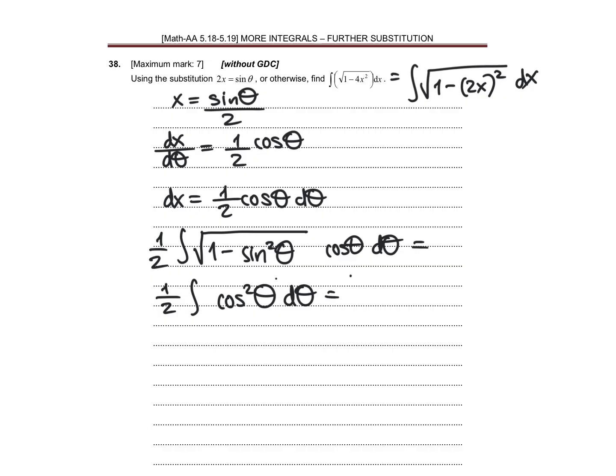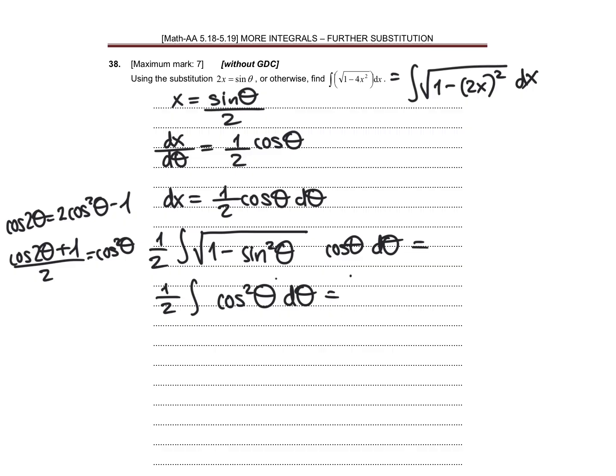So now we use cosine 2 theta is 2 cosine squared theta minus 1. So cosine 2 theta plus 1 over 2 is cosine squared theta.